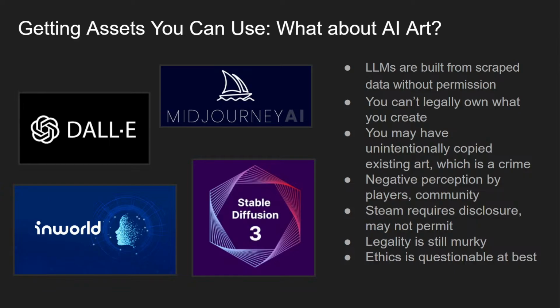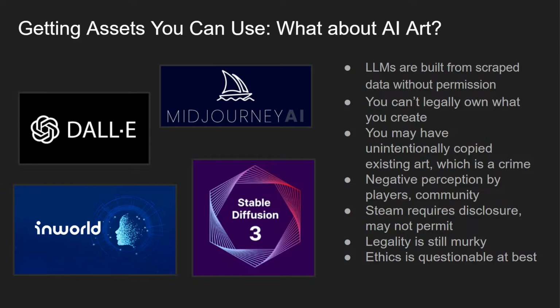And the reality is that these things are scraped from the internet without people's permission. A lot of people see this really negatively. Games on Steam, you have to say if you used AI-generated art in your game. And when people discover that your game has AI-generated art, most of the time you get a ton of negative reviews.